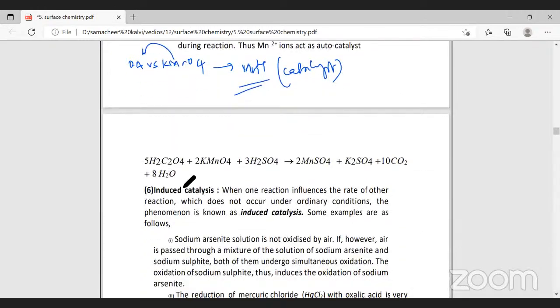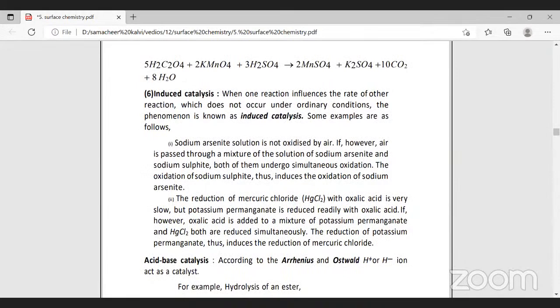The next one is induced catalysis. When one reaction influences the rate of another reaction, which does not occur under ordinary conditions, the phenomenon is known as induced catalysis. Example: sodium arsenite solution is not oxidized by air.